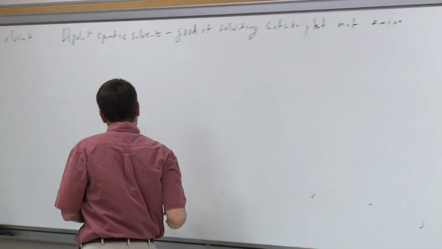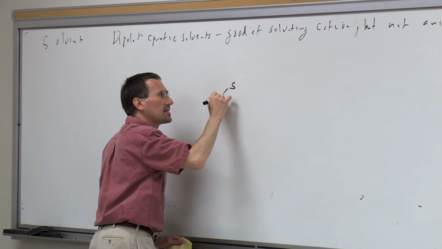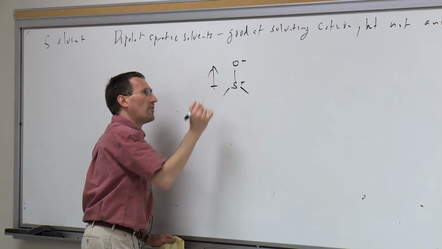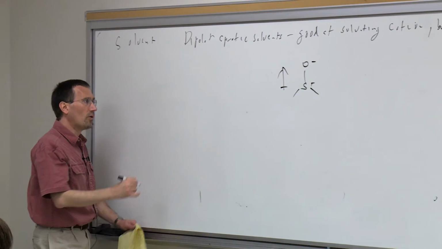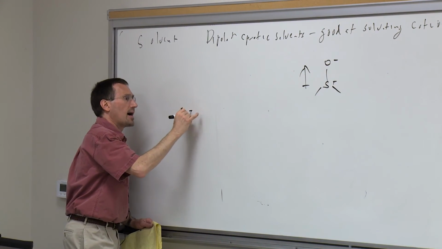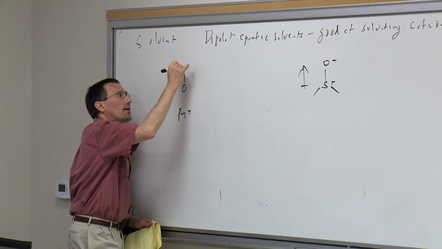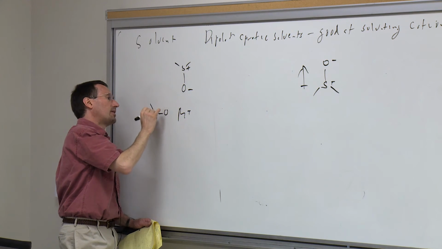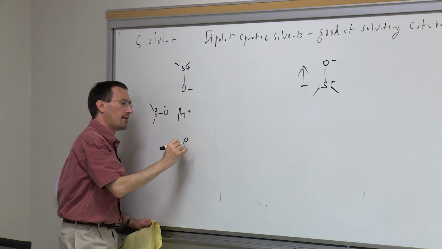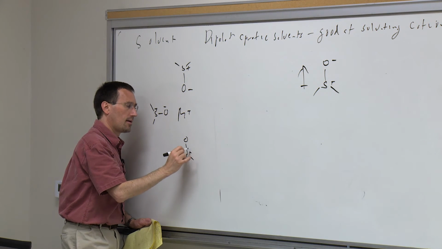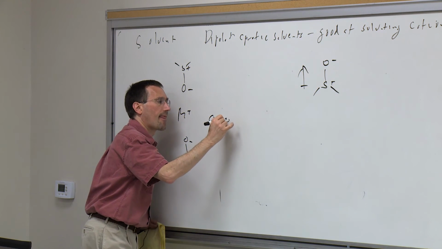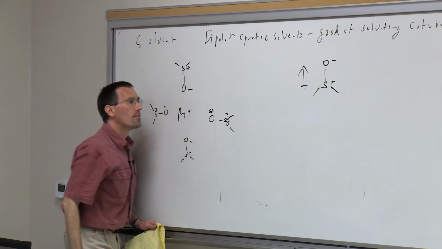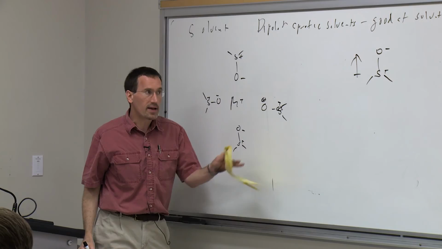A classic example of a dipolar aprotic solvent would be dimethyl sulfoxide. Dimethyl sulfoxide has a nice dipole to it, so your metal ion gets happily solvated, but your anion remains available.